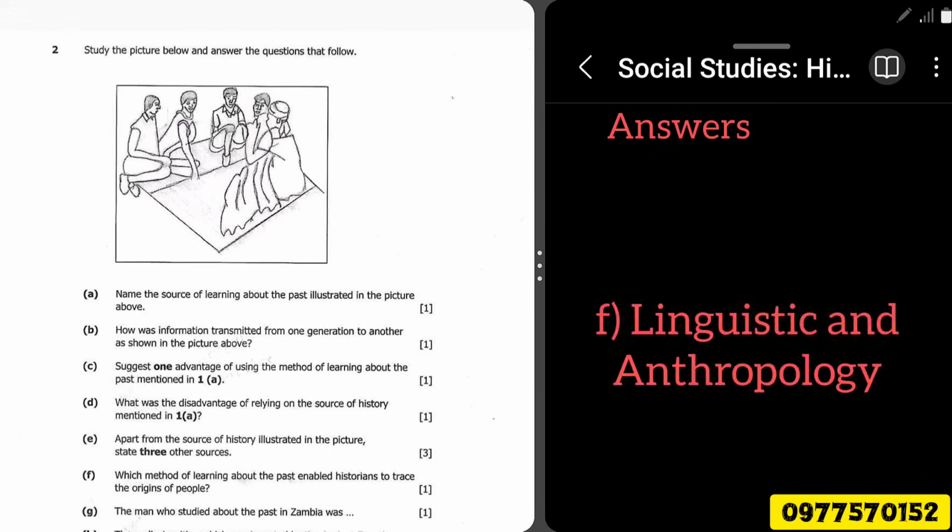F. Which method of learning about the past enabled historians to trace the origin of people? Linguistics and anthropology.